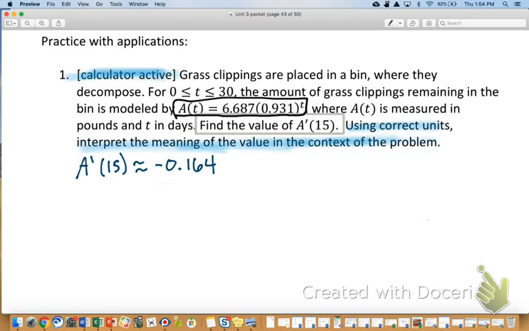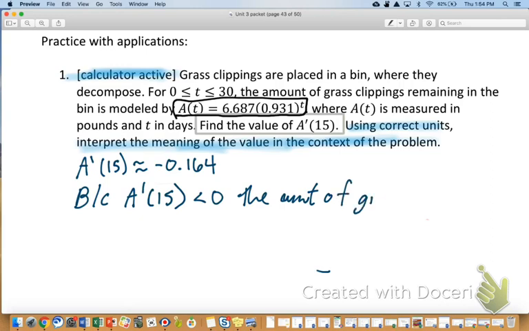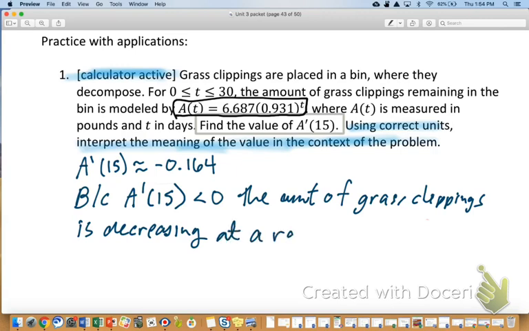I would say this: because A prime of 15 is negative, the amount of grass clippings is decreasing at a rate of, I'm going to leave this part blank, and then the units would be pounds per day. So we're going to fill in the blank here in a second.